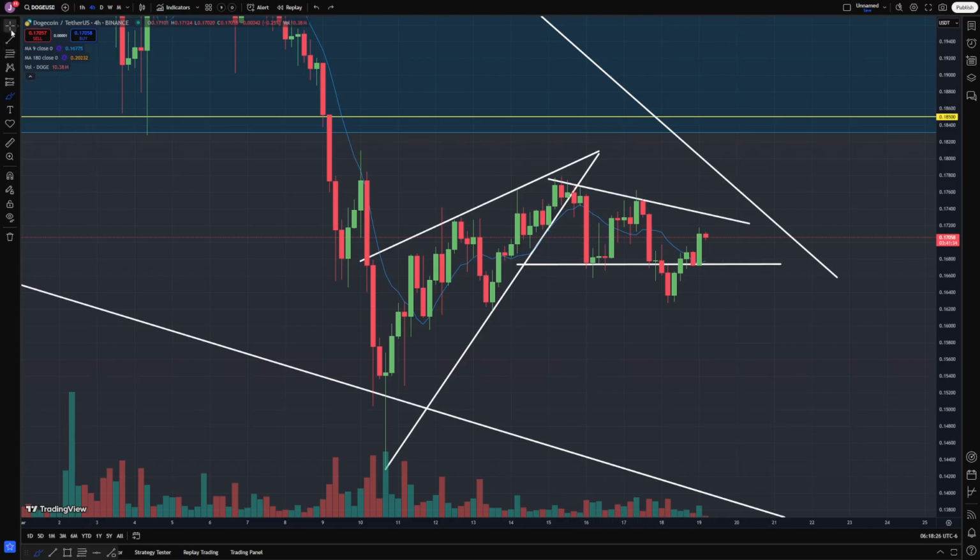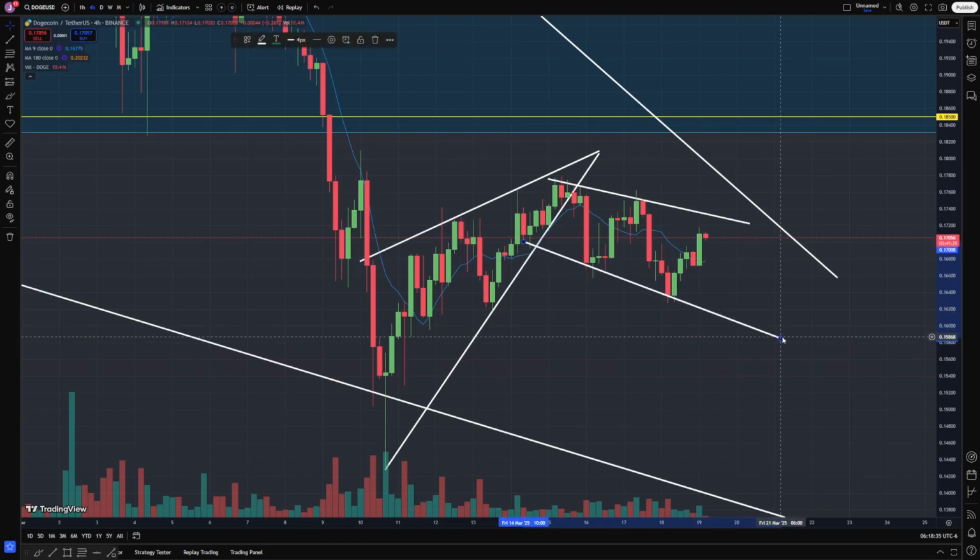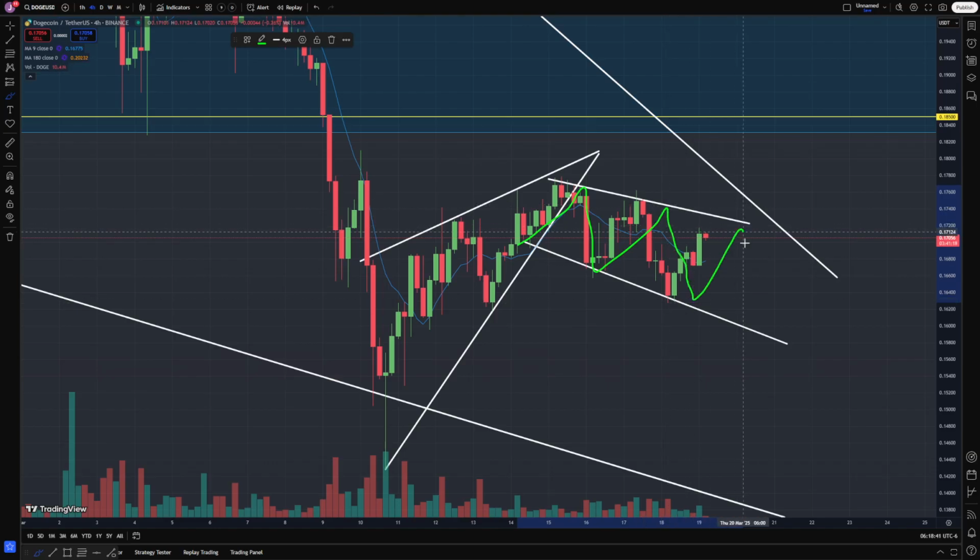So what I want to do now is readjust this line, something like this, because we have support on that and we have support right there. Let's see, something like this. So technically, it kind of looks like a widening channel going to the downside, an ascending widening channel. I think that's what it's called, something like that.